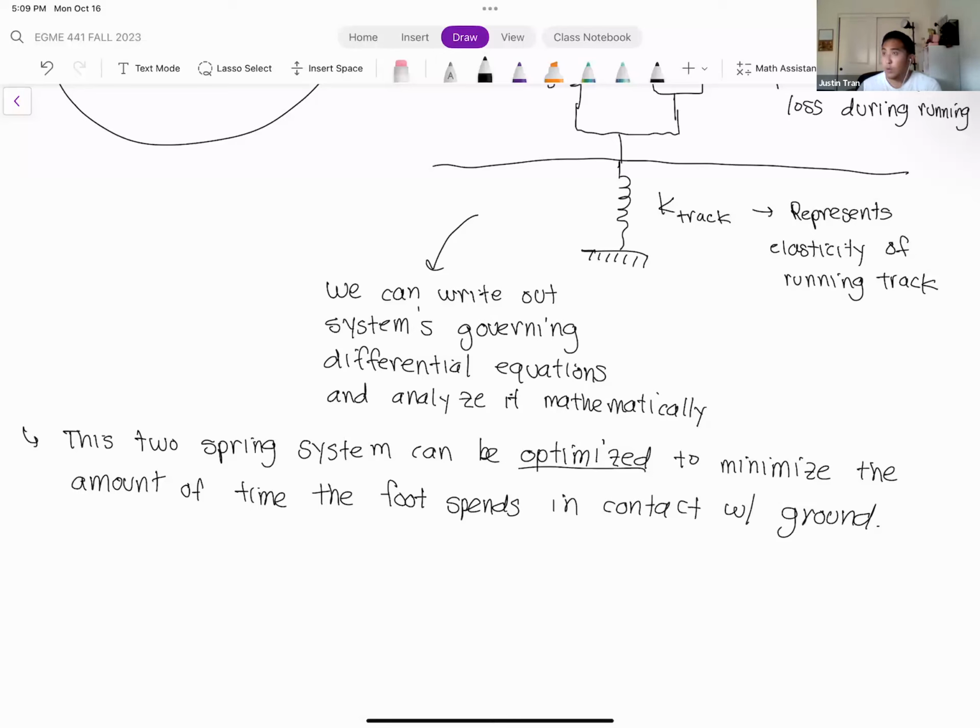But that was not the case. After performing this relatively simple analysis, what scientists found was that there are intermediate values for the track spring constant that actually minimize contact time.